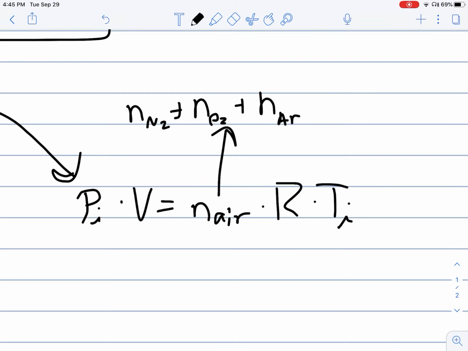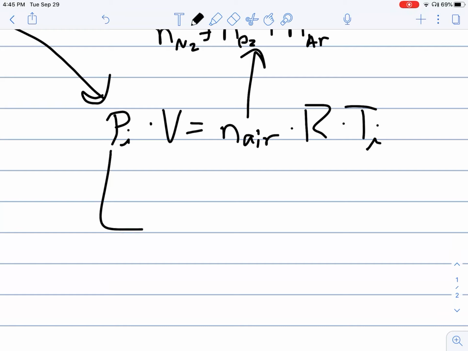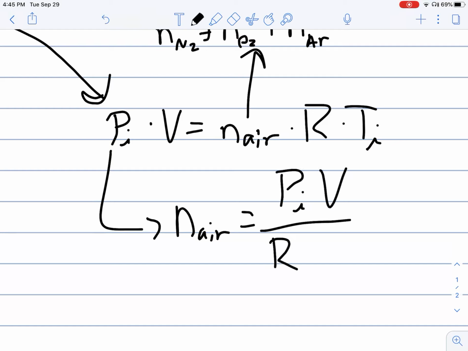And if we want to solve for the number of moles of air, we can just manipulate this equation. So n air equals P initial V over R T initial, not T naught, just like that.